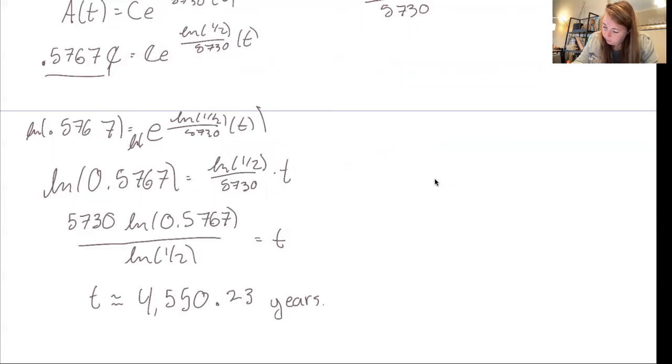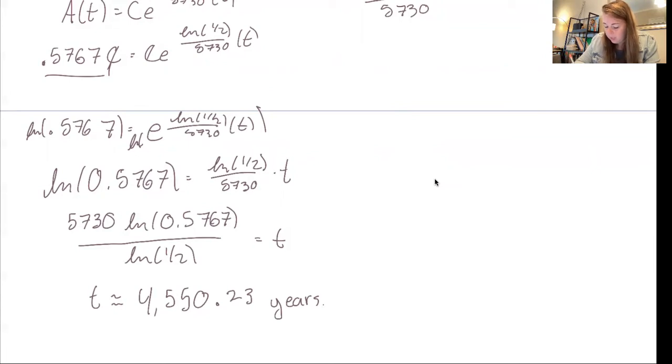Then I just plug that in right here, right? And the only thing unknown, my C's cancel out, we saw that. And so my only unknown is my R. So I solve for my R. Really great. And then I can scooch down here and do the same thing as half-life, but now I'm just solving for T rather than R, but they're in the same place, so the work works the same.